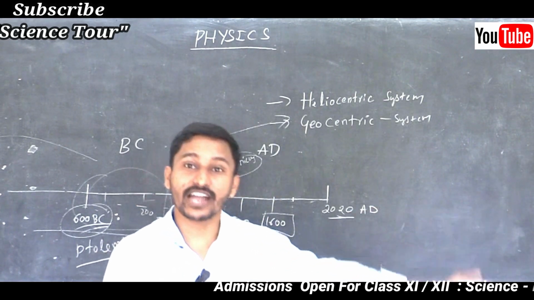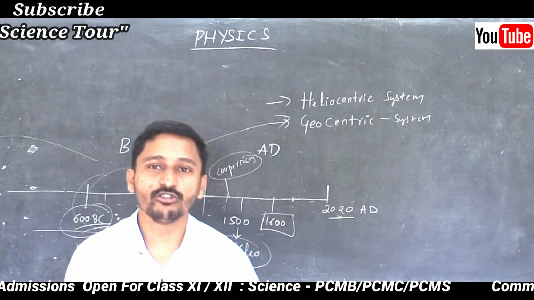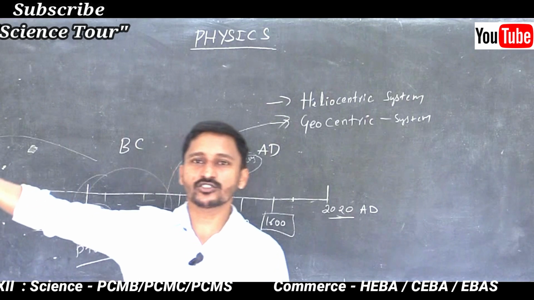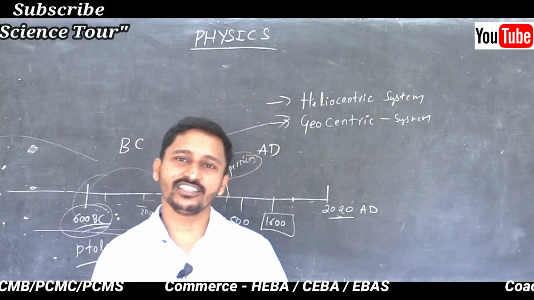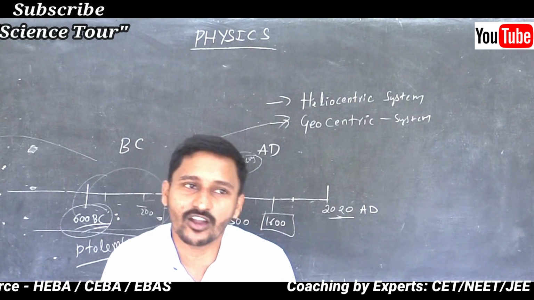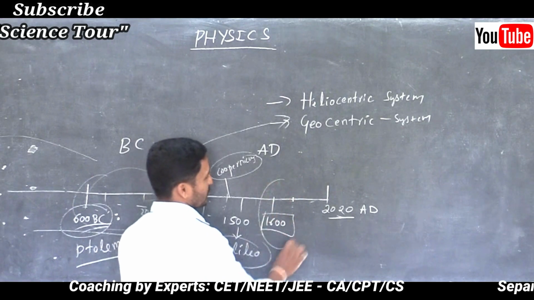You study about gravitational force, Newton has given his law. You study about heat and thermodynamics, how heat transfers to the surroundings, Newton has given his law. Everywhere, Newton has given his law. He is a genius, and so more development took place here.